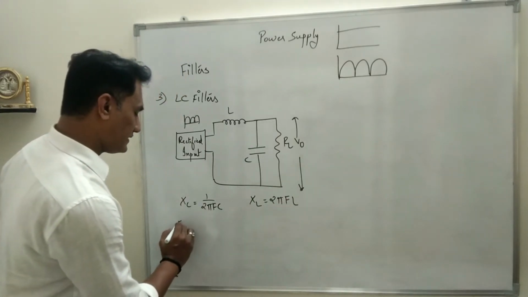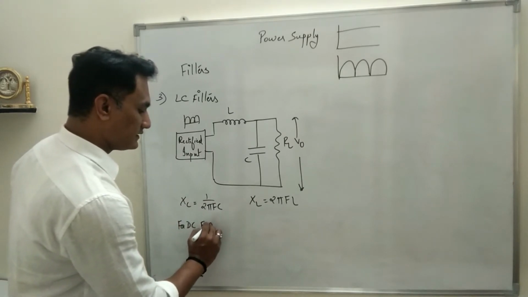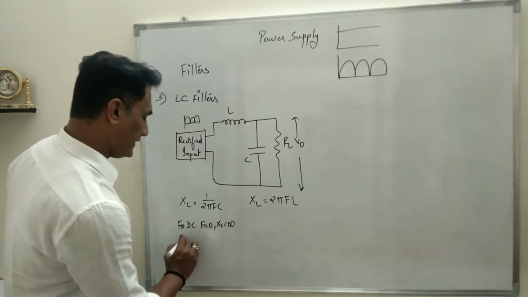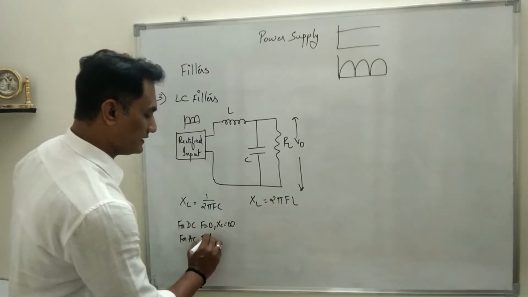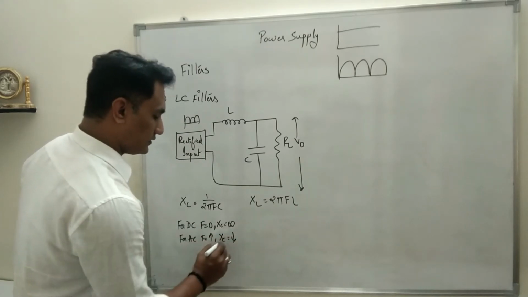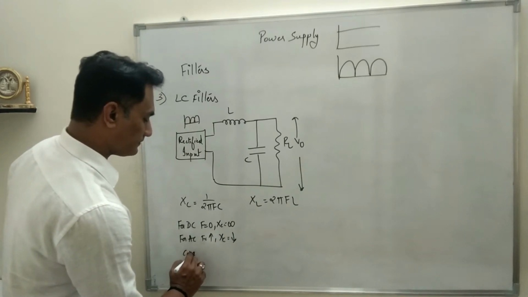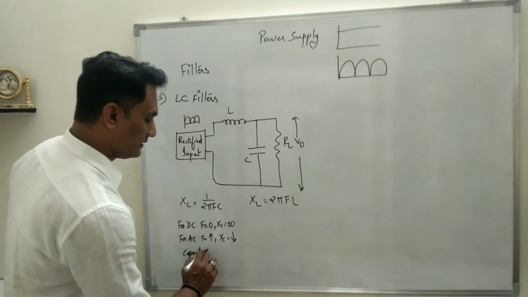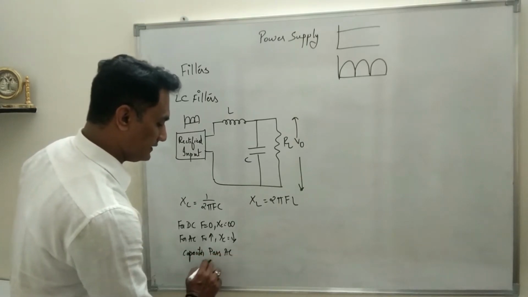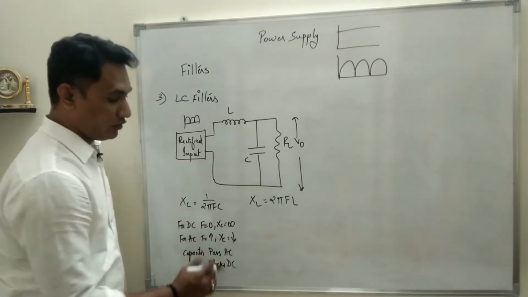For DC, frequency is 0, so XC is infinite, and for AC, frequency is high, so XC will be low, right? So we say the capacitor passes AC and blocks DC. So this is all about the capacitor.